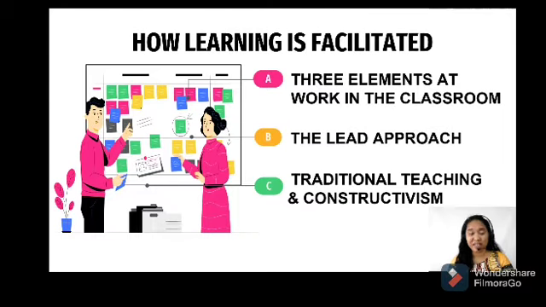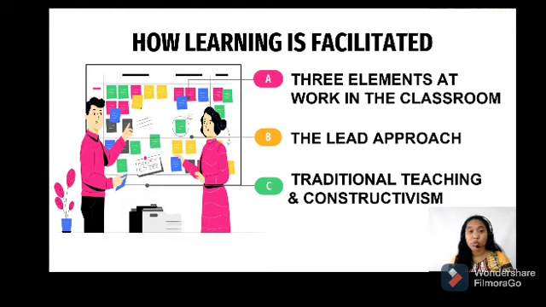How is learning facilitated? First, we must take into consideration the three elements at work in the classroom. These are the approach, methods, and techniques. We shall also take note of the lead approach, or constructivism.